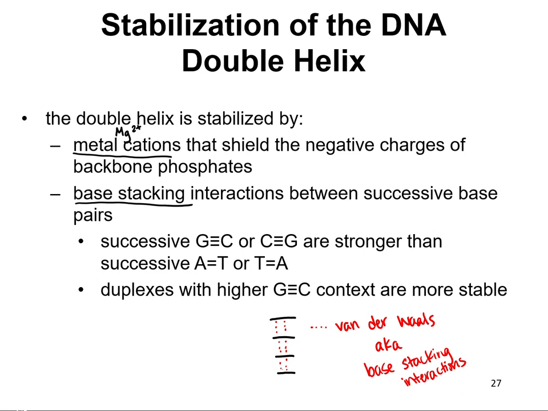And if you have a lot of GC pairs, it can actually be a little bit harder to work with because it's super stable, and sometimes they form different structures that you don't really want. So it's something that you have to keep in mind experimentally when you're trying to make or purchase oligonucleotides. That's completely an aside. If you're interested in that kind of thing, we can talk about it all day long.